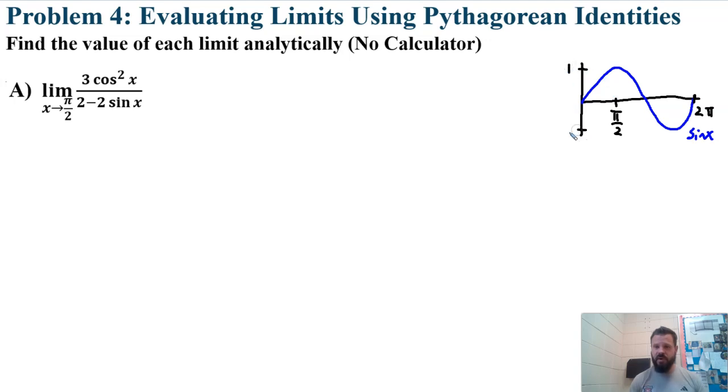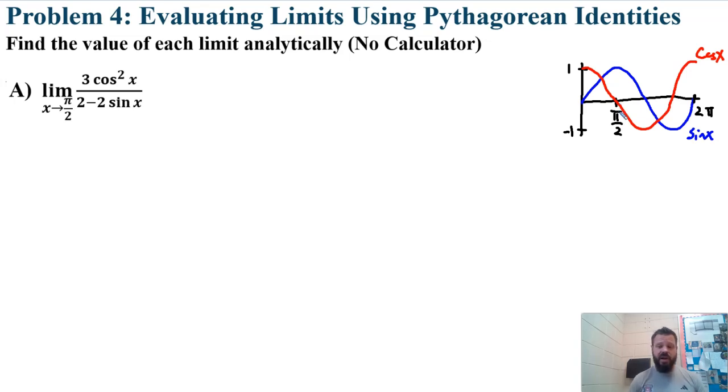It runs between 1 and -1. Cosine x was the one that started at the top, goes down and back up, and we can tell that's a 0 at pi over 2.